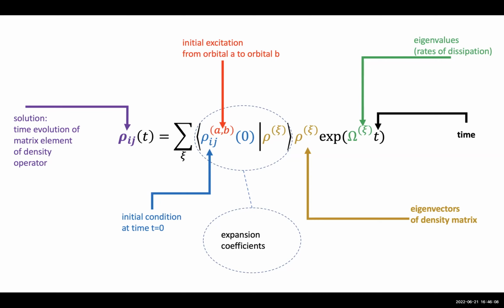And this is how we actually propagate it through time, with this exponential here. But each of these terms just winds up being a particular expansion coefficient, like the C whatevers, if you've taken quantum mechanics classes.